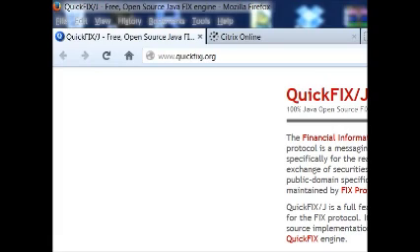I think perhaps when the exchanges start to move and offer the new FIX version, they're going to set the agenda and they will force the buy side to upgrade. But I think the exchanges will also be very cautious about doing that.